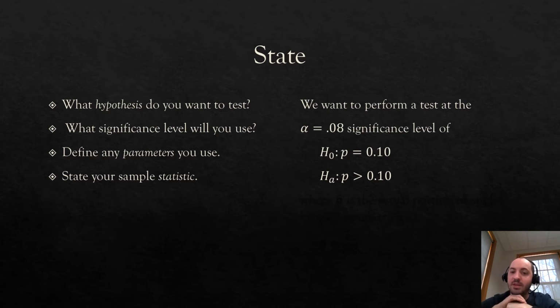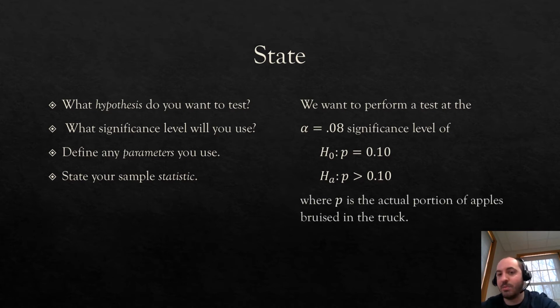So P is going to be greater than 0.1. And again, P is the actual proportion of apples that are bruised in this truck. And our sample statistic was 50 out of those 350, a simple random sample of apples were bruised. So this is our state phase.